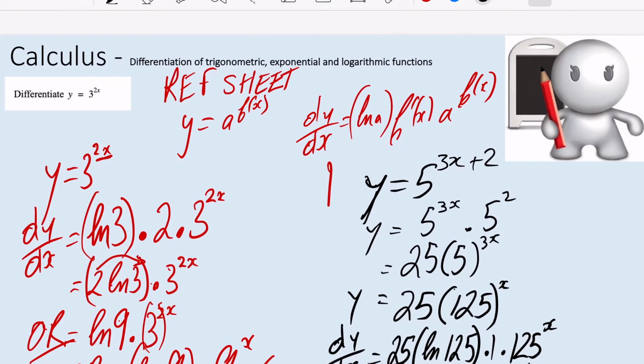Something a little bit harder. It's still doable based on the application of what we've been given in the reference sheet. So look, not a bad question to highlight here, okay?